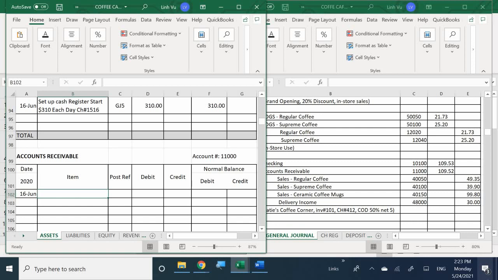June 19th, isn't it? Yes. What did you want to put in the note? No, you have the wrong date. The date's June 19th. Oh, sorry. Thank you. June 19. The note I just put Katie's Coffee Corner, 50% COD net 5, invoice 101.